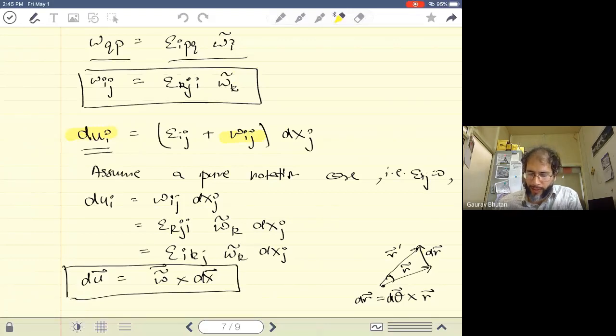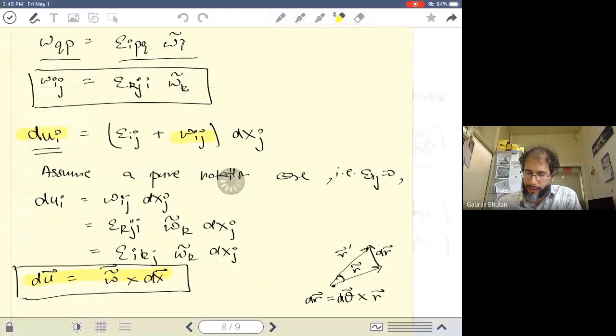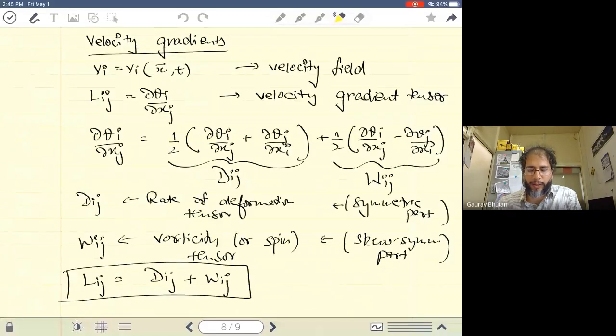So we were able to write the relative differential displacement du in terms of omega tilde and d capital X. What we understood from here was that it is simply a rotation, and omega tilde represents the d theta vector, which is a rotation vector. So this was all about differential displacements.